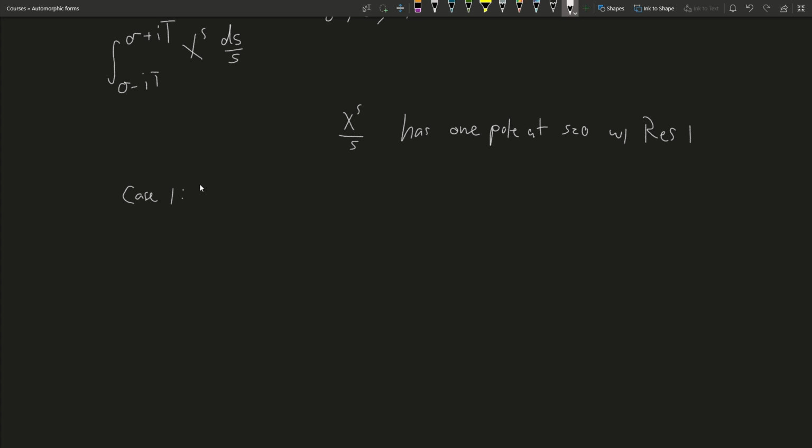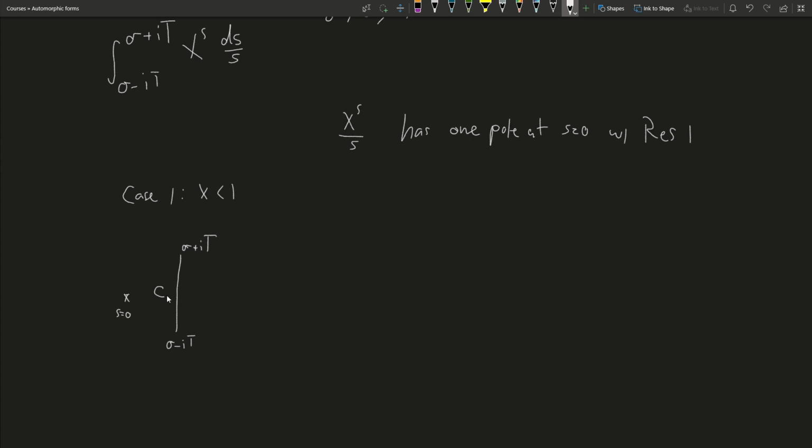Case 1 is when x is less than 1, so it's a real number strictly between 0 and 1. Then we've got the one pole at s equals 0, and we've got our line of integration, sigma minus it to sigma plus it.